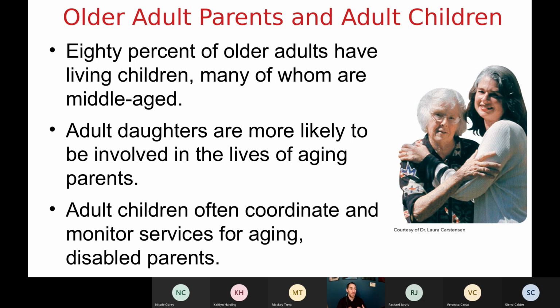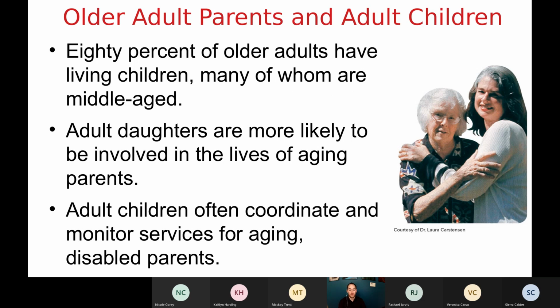Adult children often take the responsibility, especially towards the end of life, of coordinating services, whether that's in a nursing home or in their own home or in the child's home themselves. So wherever the parent is living, oftentimes these families need to coordinate to get the person the care.